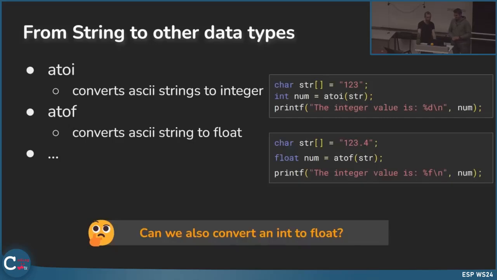You already saw it when we explicitly convert, for example, a string to an integer. We had this atoi or atof function, which takes a string and converts it to an integer or to a float. But can we also, for example, convert an integer to a float or the other way around?